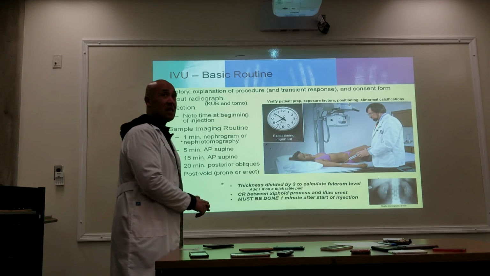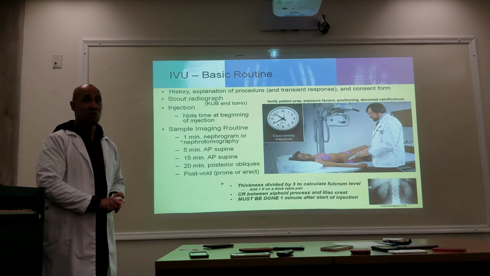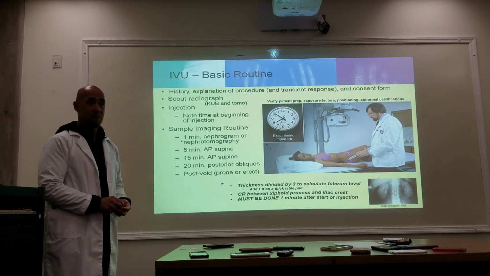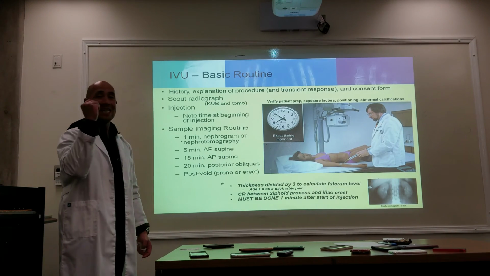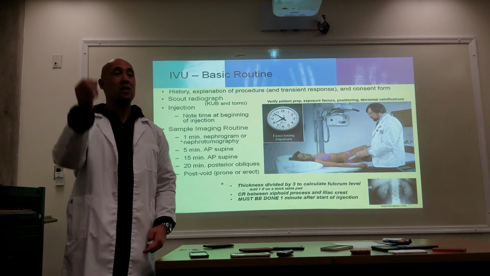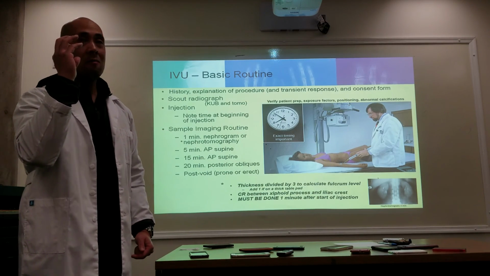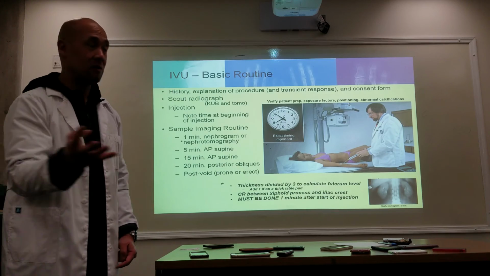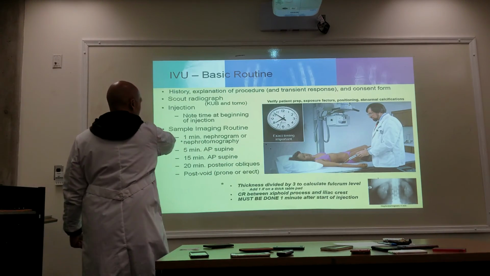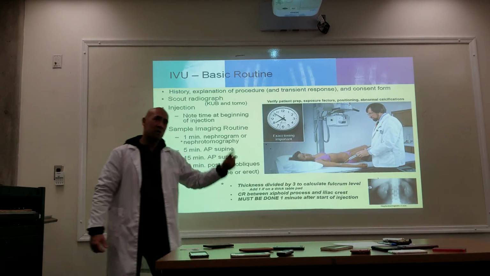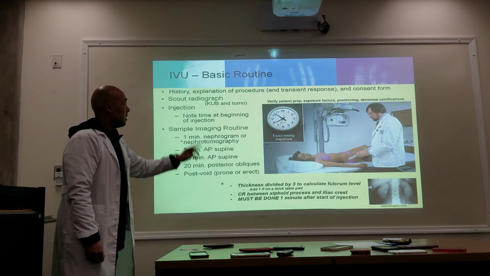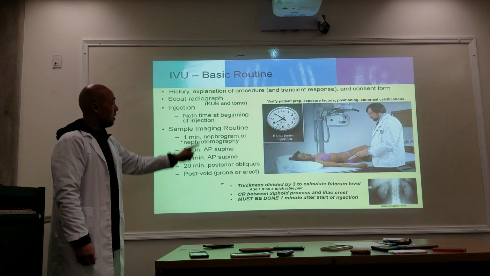Have they had anything to eat or drink? They're supposed to be empty for the procedure. Are they diabetic? Did you take your medicine, Metformin? Because they're not supposed to take it for 48 hours. All those things we need to ask and inform them of. We're going to talk about the transient effects as well.